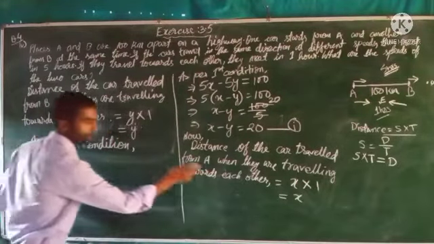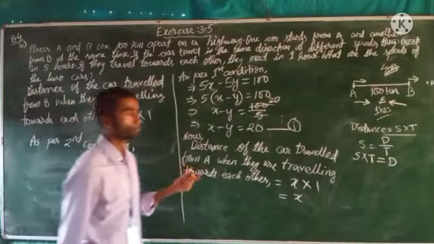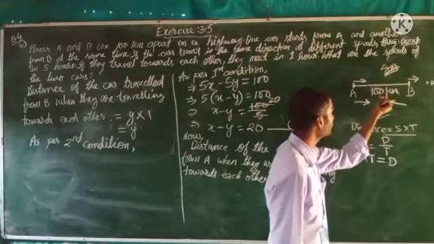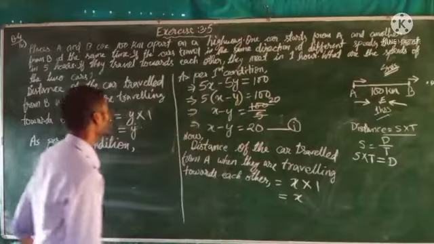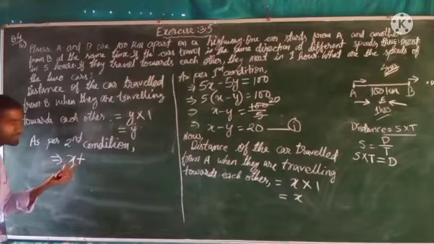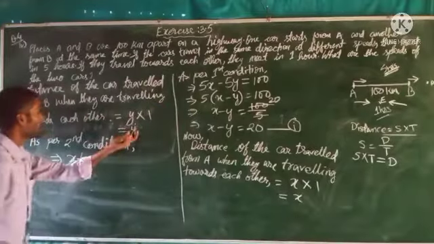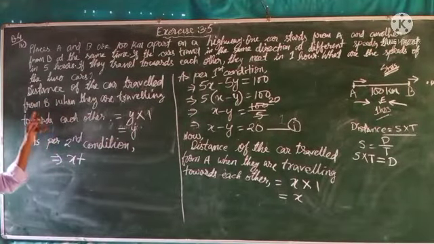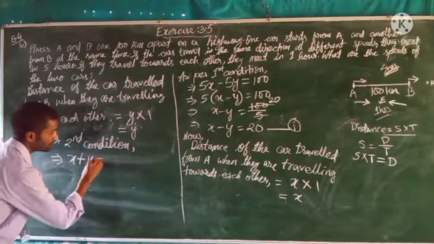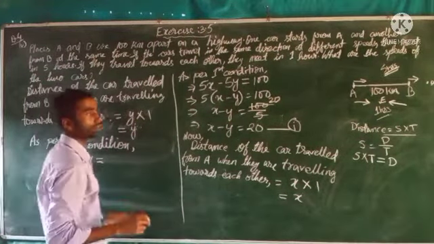We took the distance covered by car A and by car B. Now if we add their distances, we get 100. So x is the distance traveled by the first car which starts from A, and y is the distance covered by the second car which starts from point B. So x plus y is equal to the distance covered, 100 kilometers.